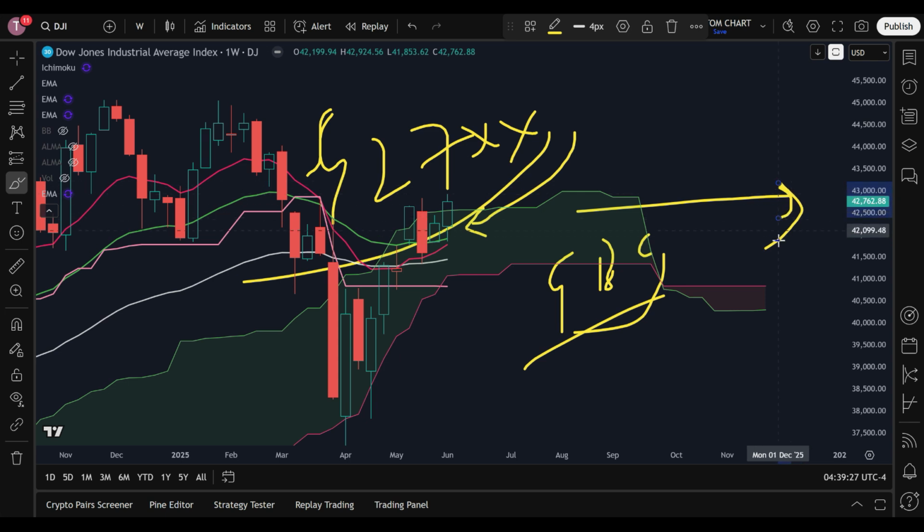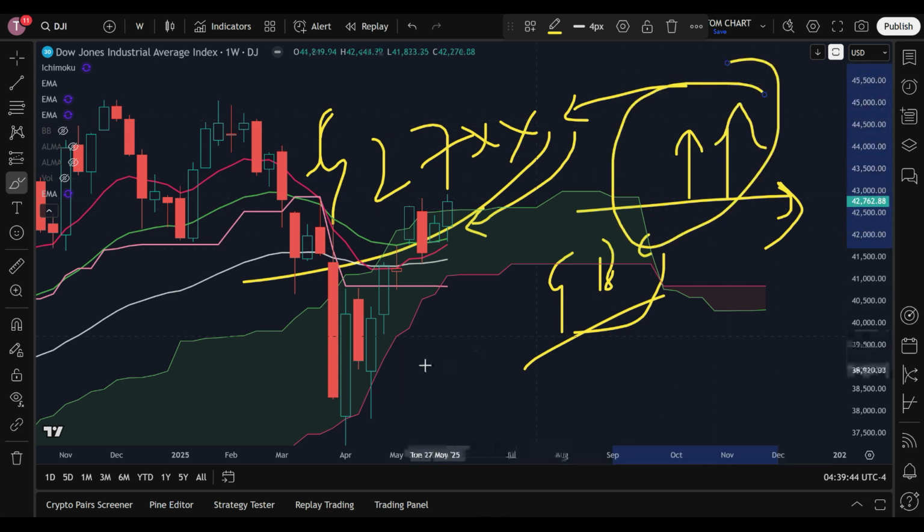Below this, the last closing was 42,762.88, and my calculated heavy resistance level, which will now act as support level, was below this mark. Okay. So in this manner, we are now anticipating an initial or intraday bullish movement on Monday, but no gap up open. Through the Dow Jones, gap up open is not seen, is not confirmed.